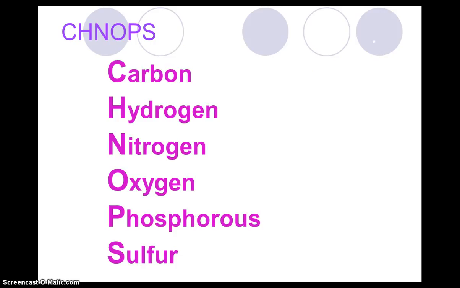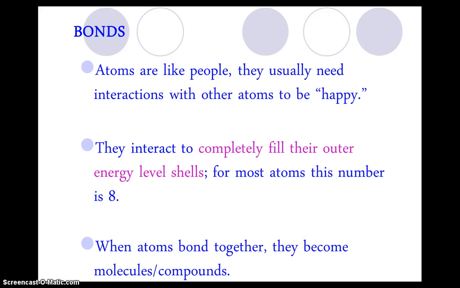These are the major common elements out of all that I've listed before. They're going to be most common in the biological makeup of processes and those macromolecules we'll be getting to. Carbon probably being one of the biggest ones. That's why it's on the top of the list. Not necessarily the most important, though.